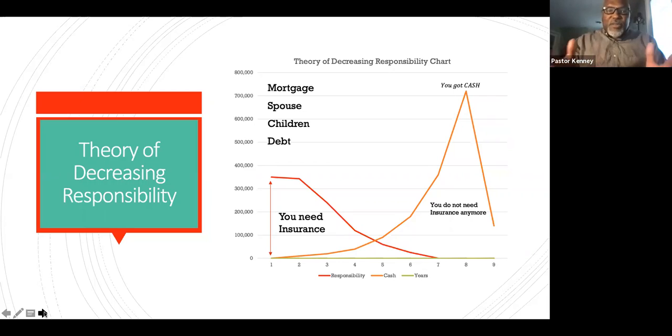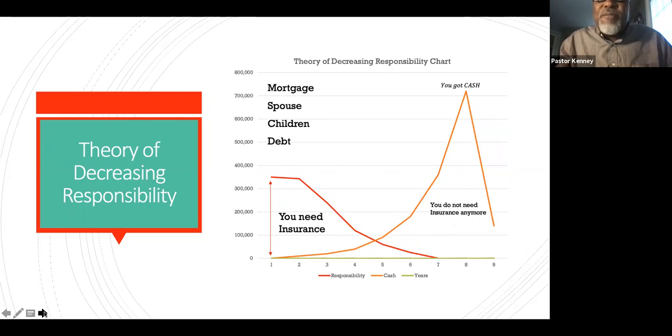But anyway, getting back to this theory of decreasing responsibility, as you can see, when you're young, you've got all this responsibility. But if you invest and save, you see that curve going up as time goes on, so you get to 50, 60, 70 years old. If you invest, guess what? When you are 70 years old, if you do it right, you've got cash.